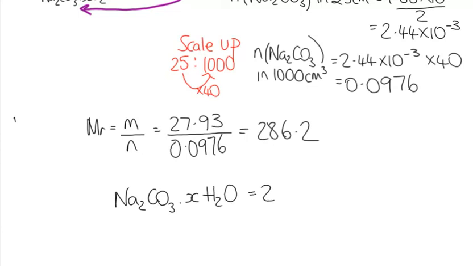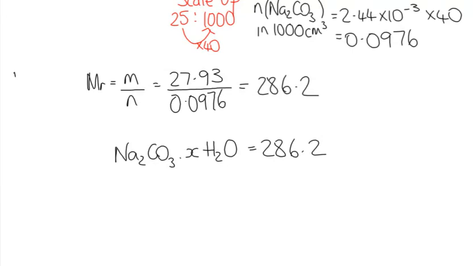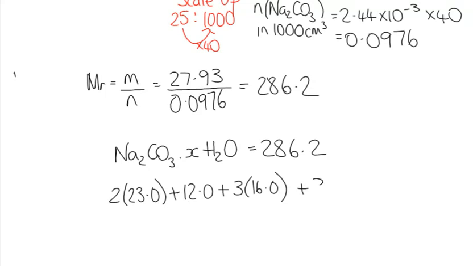Now we know that this is the solid, and this is the Na2CO3.XH2O, and it comes to 286.2. So we just need to use our periodic tables to find the things we know, which is the sodium, the carbon, the 3 oxygens, and then we've got X lots of water, and water weighs 18, and we know that that comes to 286.2.